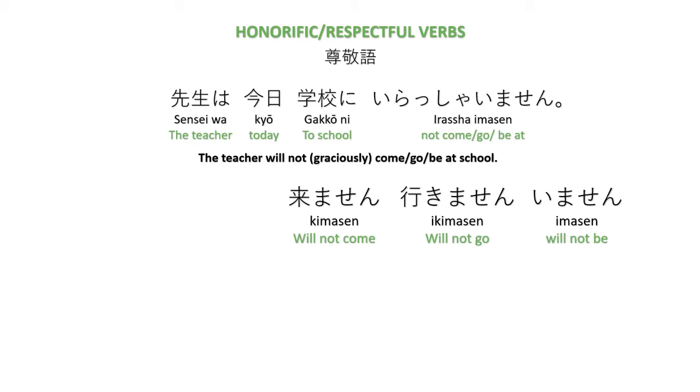Again, basically because this is a respectful verb. So we use irasshaimasen to show our respect, our exaltation to the teacher. We do not just say gakkou ni ikimasen because that is too soft. It is polite, but it is not giving that respect.